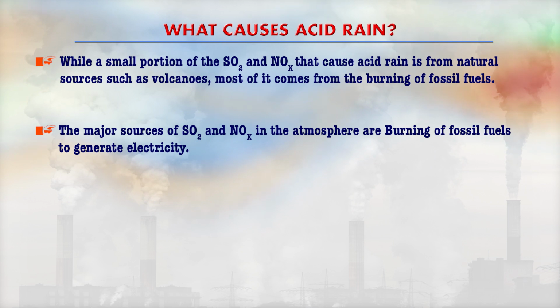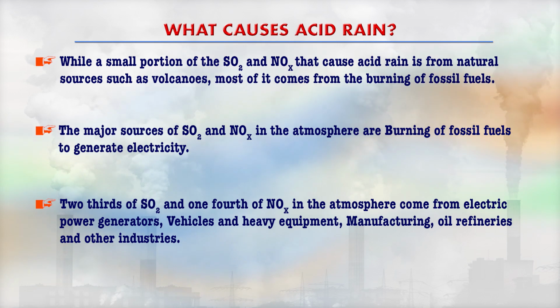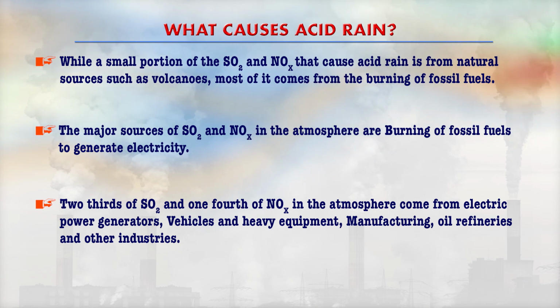The major sources of sulfur dioxide and nitrogen oxides in the atmosphere are the burning of fossil fuels to generate electricity. Two-thirds of sulfur dioxide and one-quarter of nitrogen oxides in the atmosphere come from electric power generators. Vehicles, heavy equipment, manufacturing, oil refineries and some other industries are also sources of these emissions.